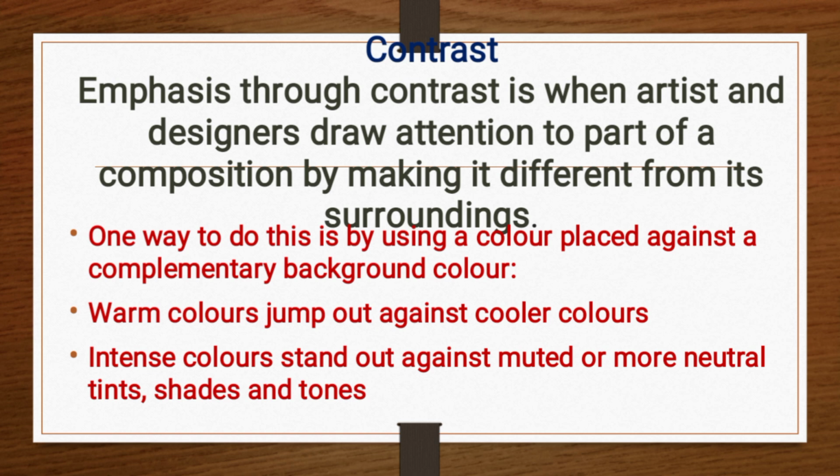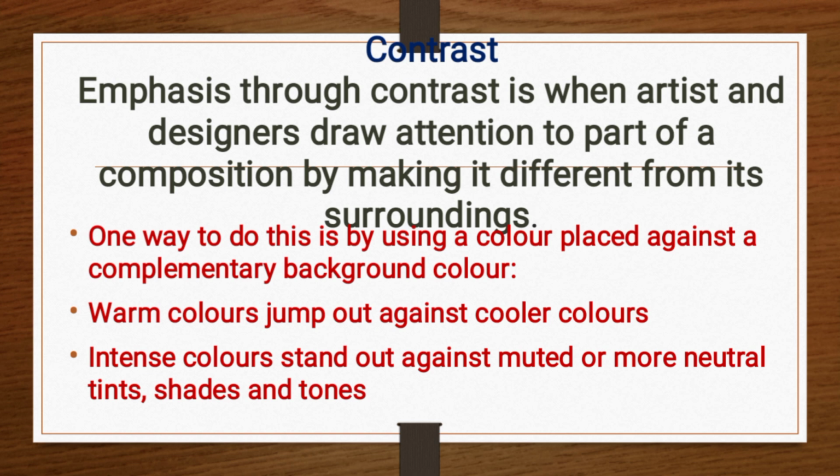When we have red and blue, they are both complementary colors. Sorry, not red and blue, I beg your pardon. Red and green are complementary colors, not red and blue. Red and blue are both primary colors. So red and green are complementary colors.